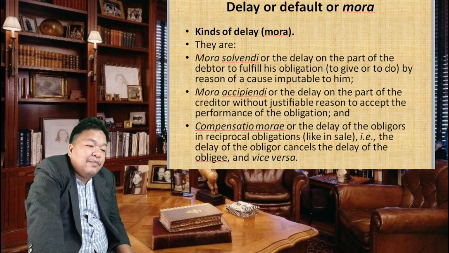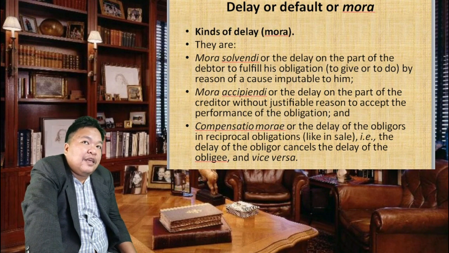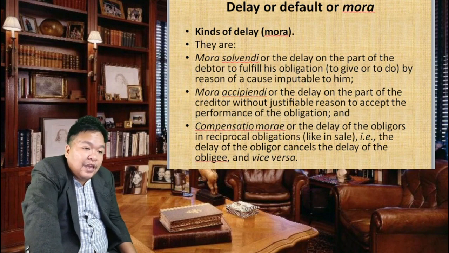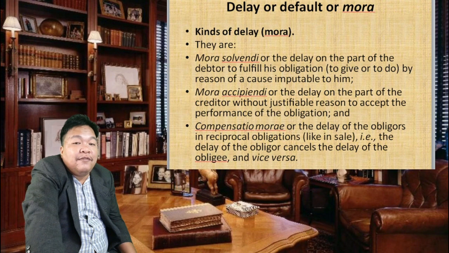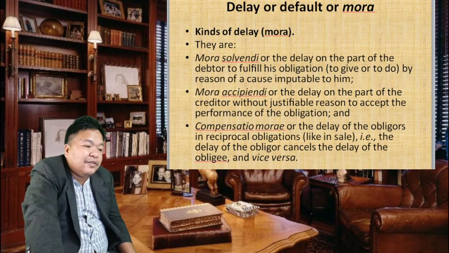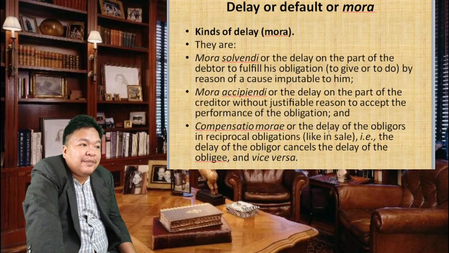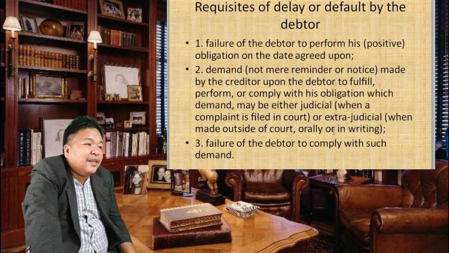So in reciprocal obligations, like in Lazada and you na nag-order, in compensatio morae, there is delay on the acceptance of the obligation and delay on the fulfillment of the obligation. So, such as in the contract of sale, hindi nagbayad, hindi rin nag-deliver. So, yun. Quits lang sila. Okay? So, gets nyo yung concept ng kinds of delay, ha? Next.